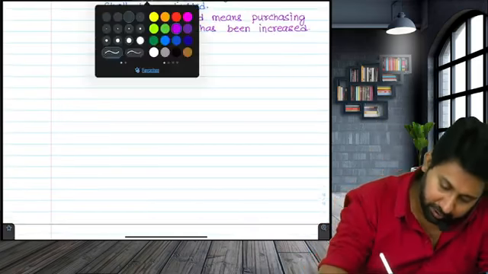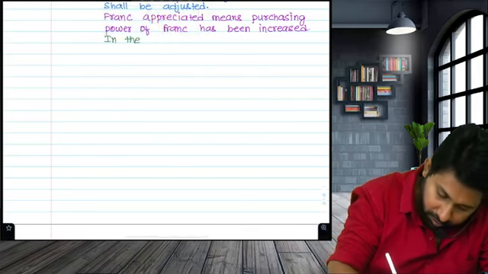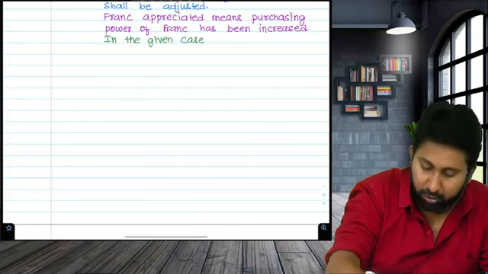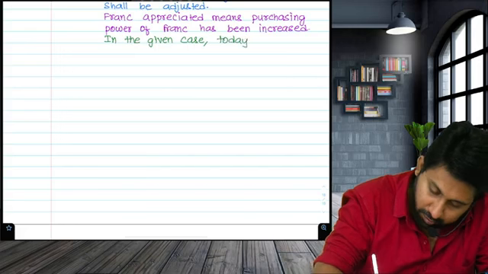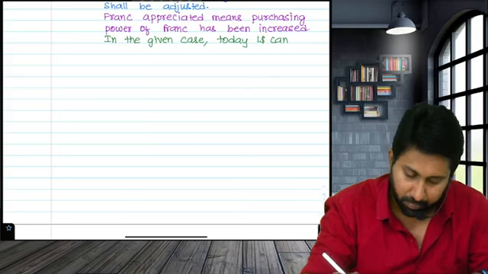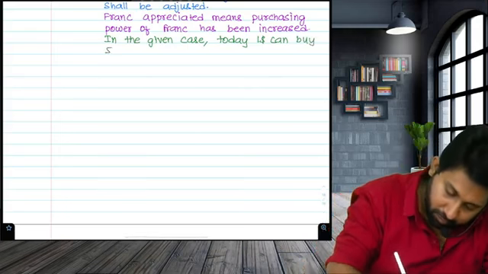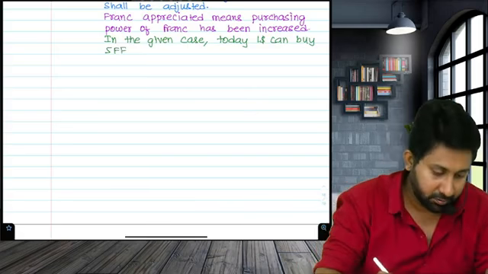Right now, the last point. In the given case, today $1 can buy 5 French francs.